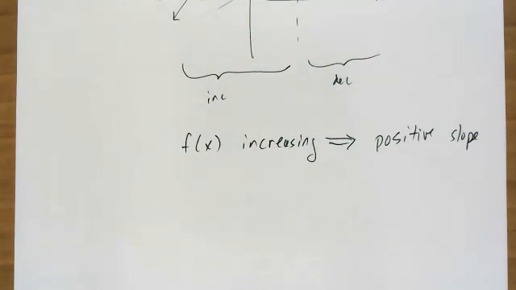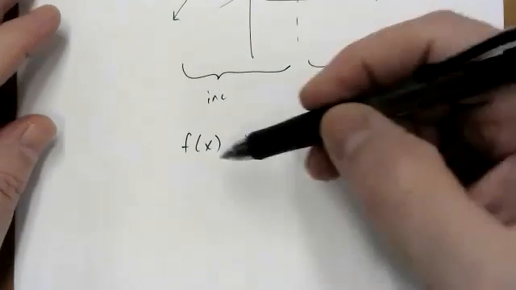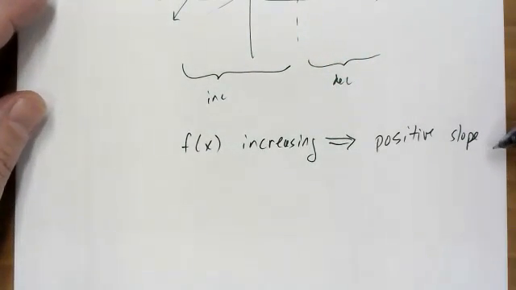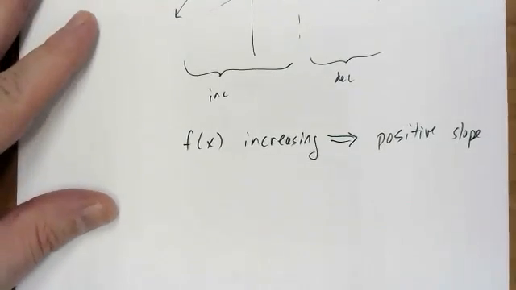In a minute, I will give you a quick reminder about slopes. I think we maybe talked about it in an earlier video, but f of x increasing, positive slope, same exact meaning.